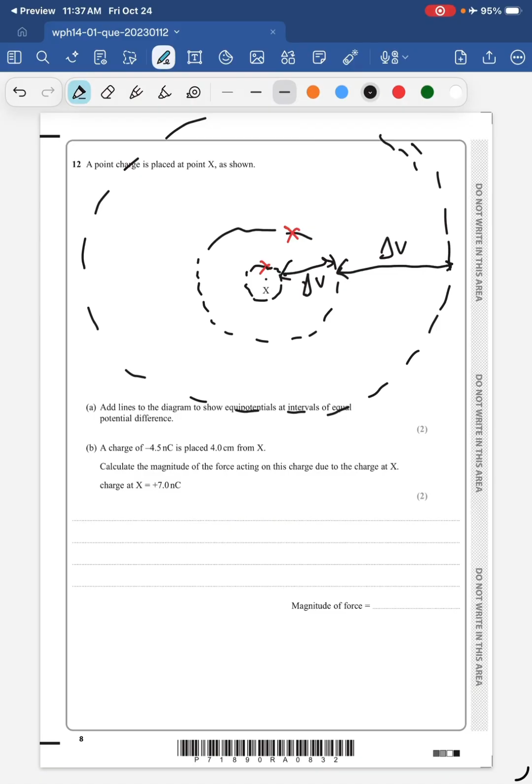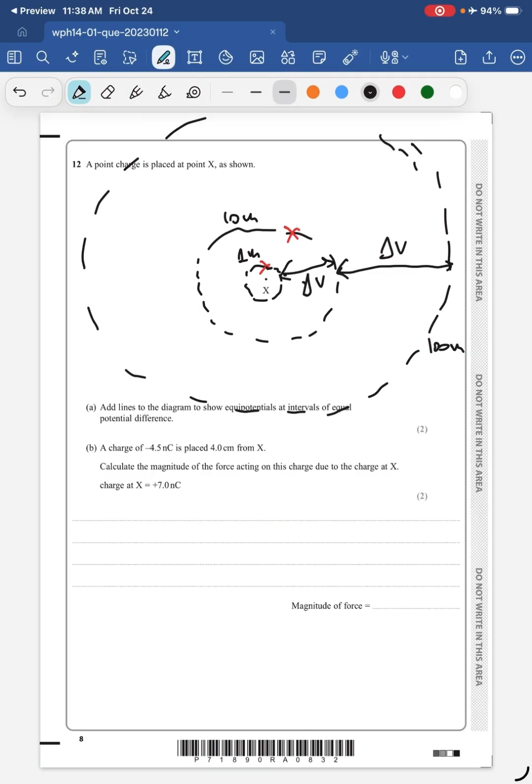So the distance between equipotentials grows larger and larger as we move away from the charge. I hope this makes sense. So what I'm trying to say is that if this distance is 1 meter, then maybe this distance is 10 meters, and then maybe this distance is 100 meters. But they don't give us numbers, so we don't know.